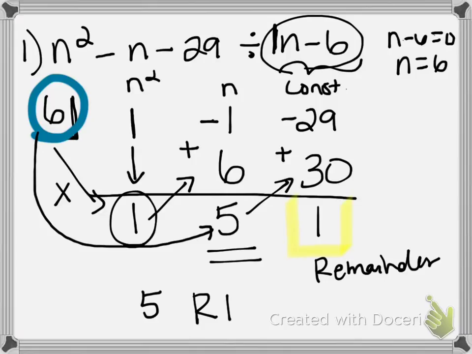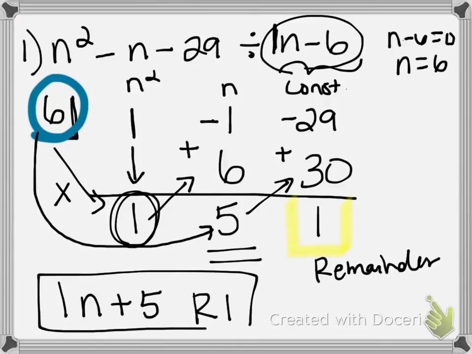My constant is a positive 5. And then the next number, what comes after the constant, would be an n with the coefficient of 1. So we kind of work backwards. So your final answer is 1n plus 5 with a remainder of 1.